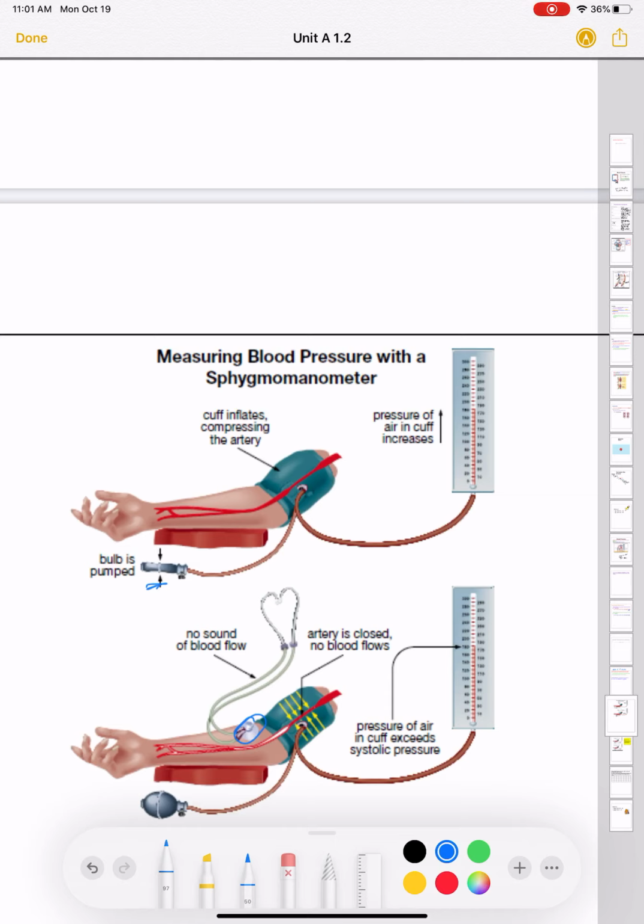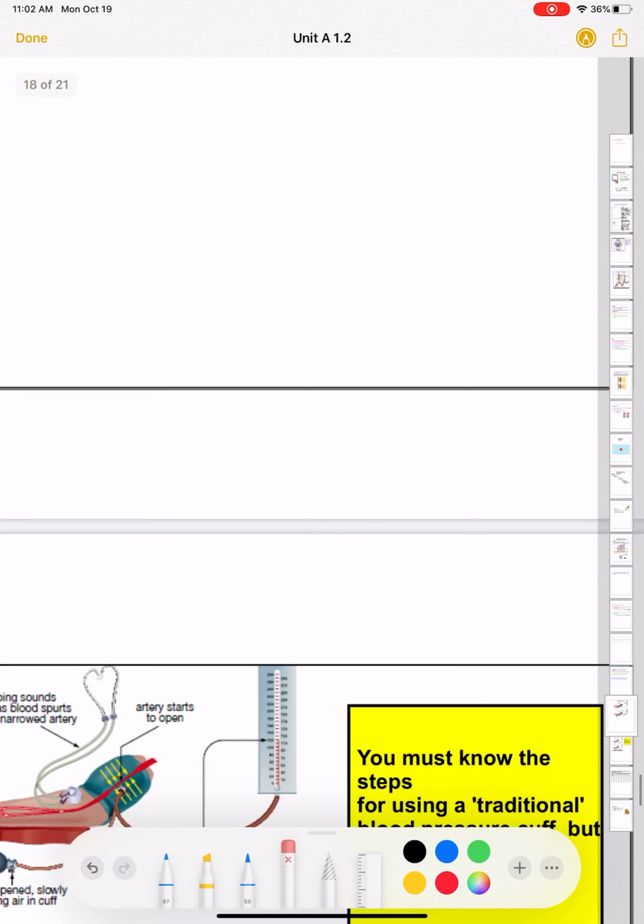Once they can't hear that pulse, the artery is closed and there's no blood flow, so they're going to check the pressure on that artery. That reading is going to be the systolic, or the high number on your blood pressure reading, that top number in the fraction.